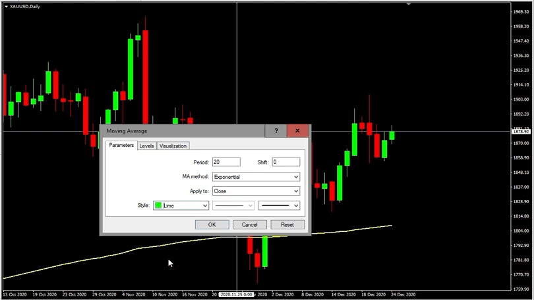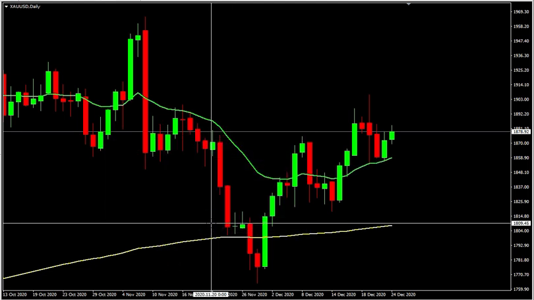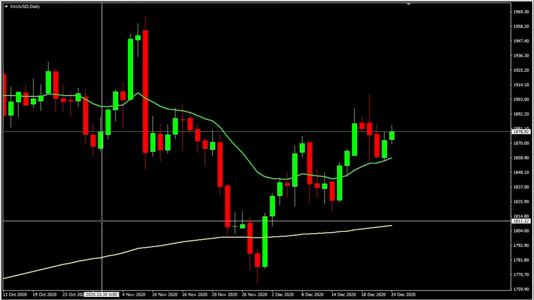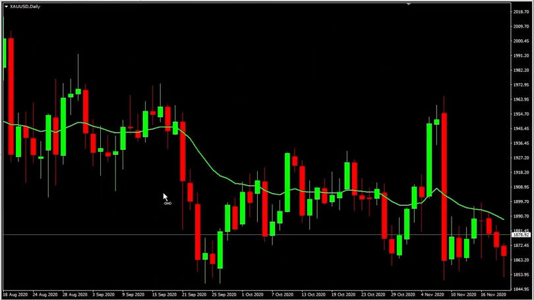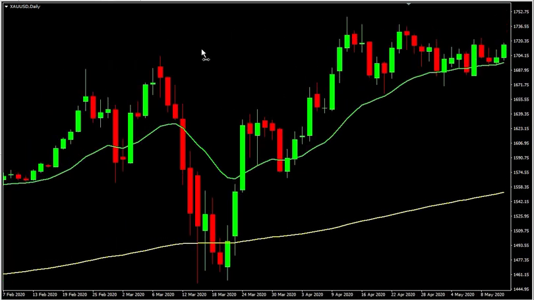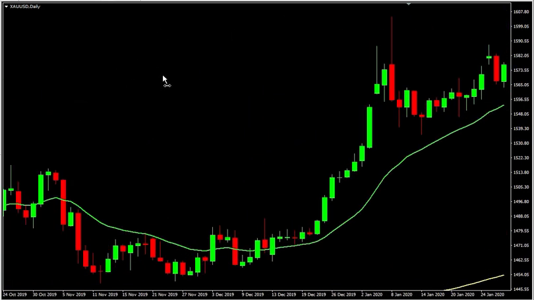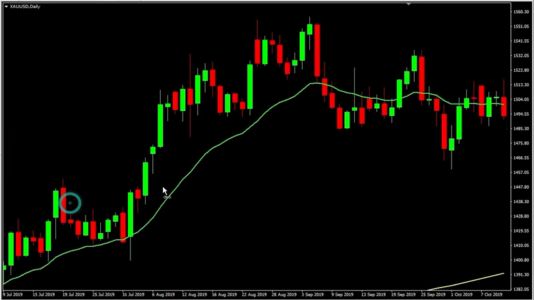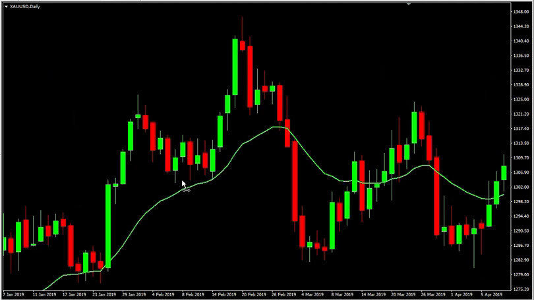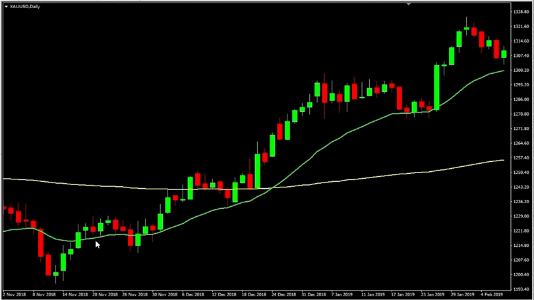Okay, let's give it lime color. Right, there it is. Okay, now let's go back and find out since when the market has started going up. You can go back and see here, there it is.